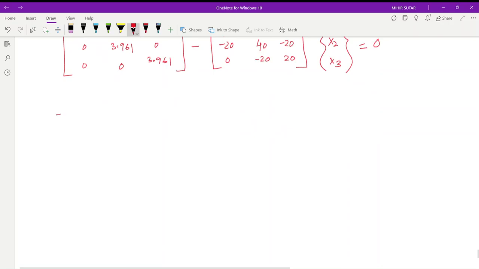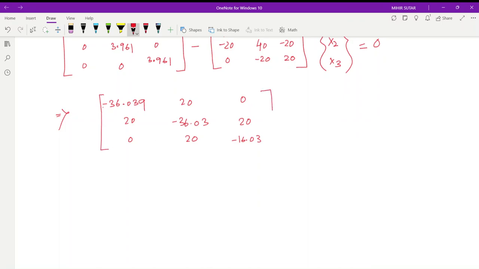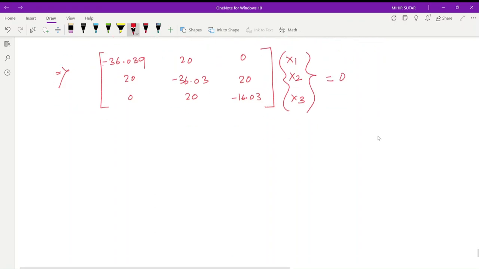If you solve this, we'll have minus 36.039, 20, 0, then 20, minus 36.03, 20, 0, 20, minus 16.03, into x1, x2, x3 is equal to 0.